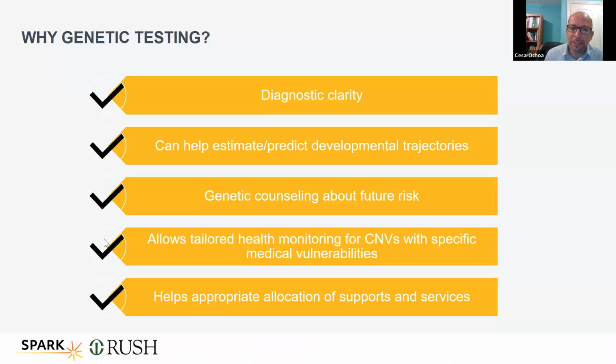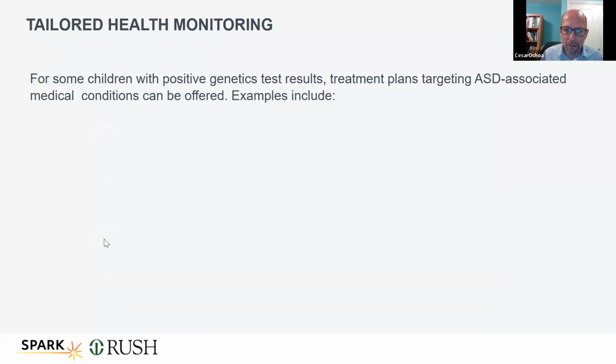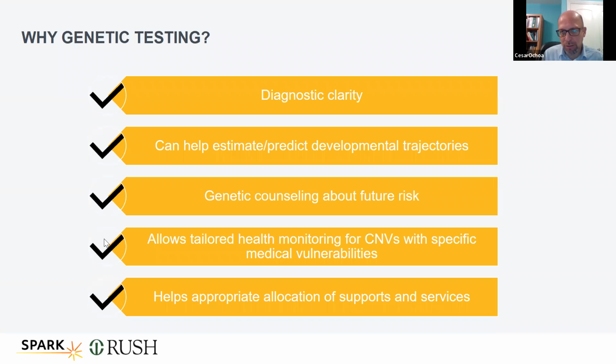So that brings me to why do diagnostic genetic testing. First one is diagnostic clarity. I think people relate better when you can find a genetic cause for the condition. You can understand where it came from, and then you can compare how your child may do with other individuals that have that condition.